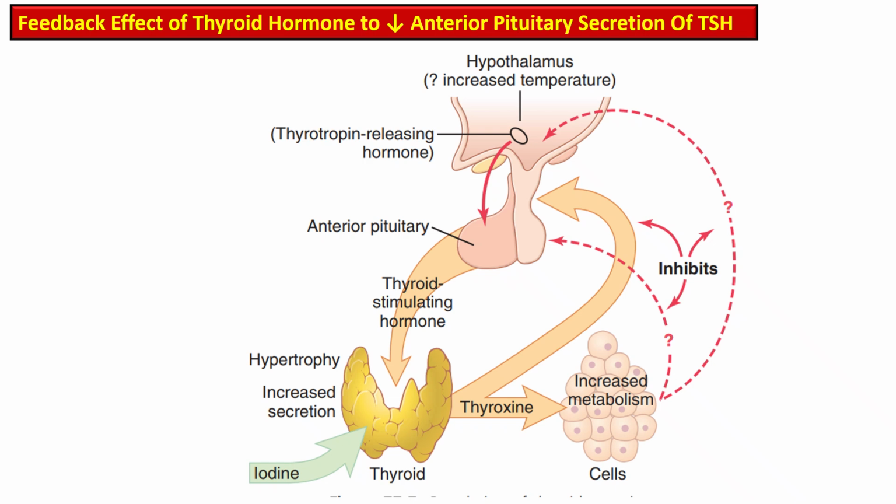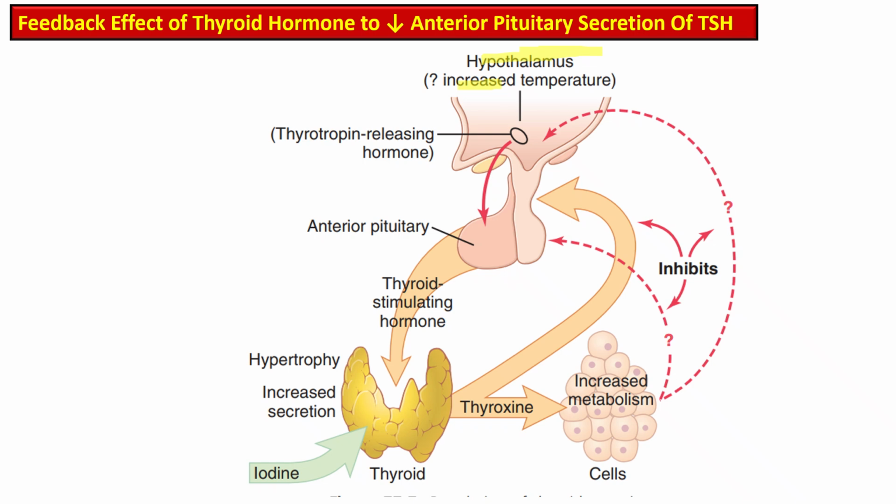This diagram is illustrating the hypothalamic pituitary axis and its feedback regulation of the thyroid hormone secretion, specifically emphasizing its response to cold exposure and the feedback inhibition mechanism. The hypothalamus senses environmental changes, for example, cold and possibly increased temperature need.